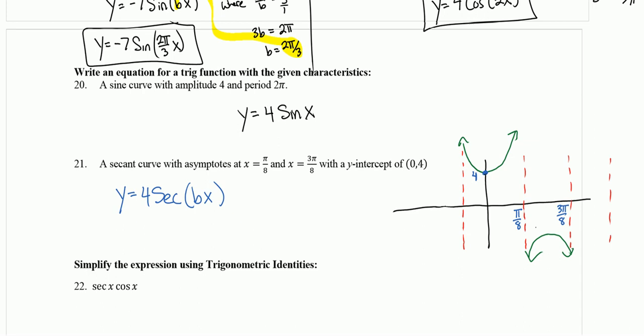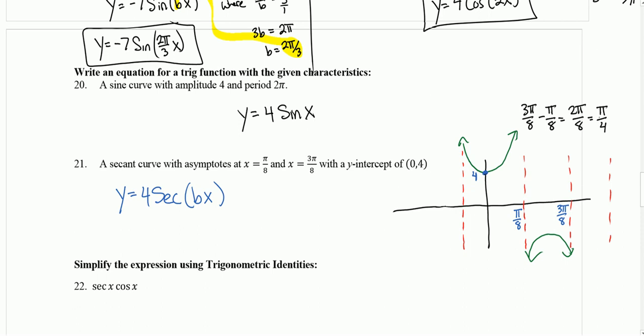Now the distance between asymptotes is half the period of the function. So I'm going to find the distance. The distance between 3 pi over 8 and pi over 8, when I subtract those, I end up with 2 pi over 8, which is pi over 4. And that's half the period of our function.